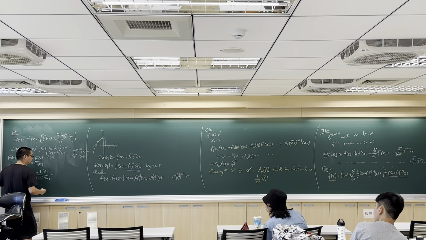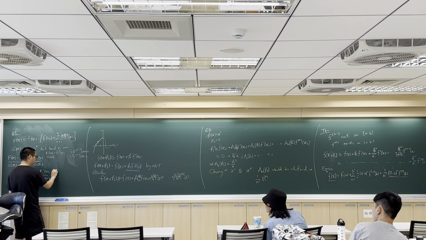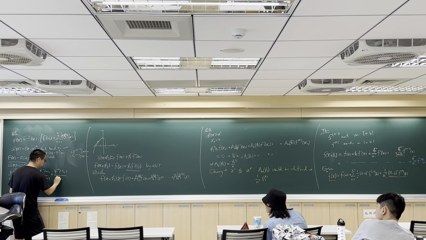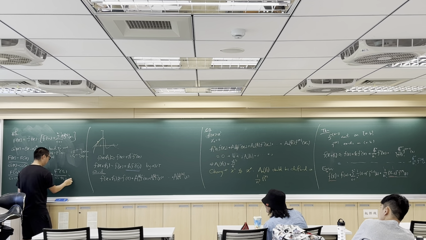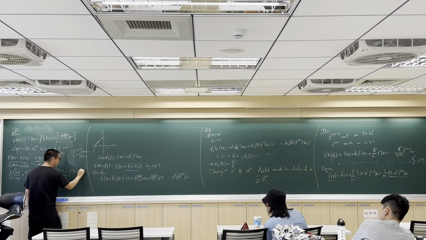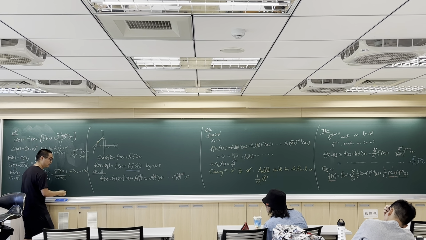So by generalized MVT, you know this one equals f prime prime of c2 over g prime prime of c2. And again, these two are 0. F prime prime of c2 minus f prime prime of a, over g prime prime of c2 minus g prime prime of a.